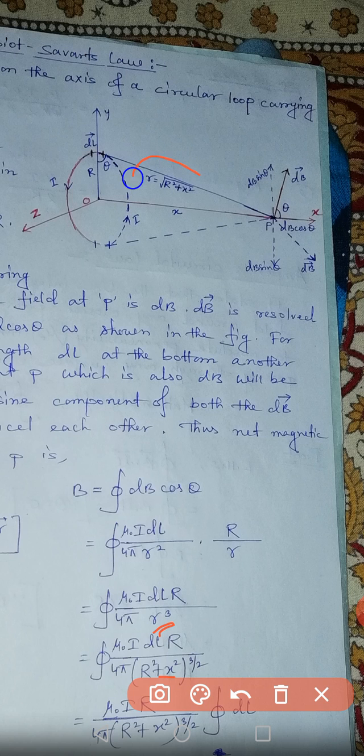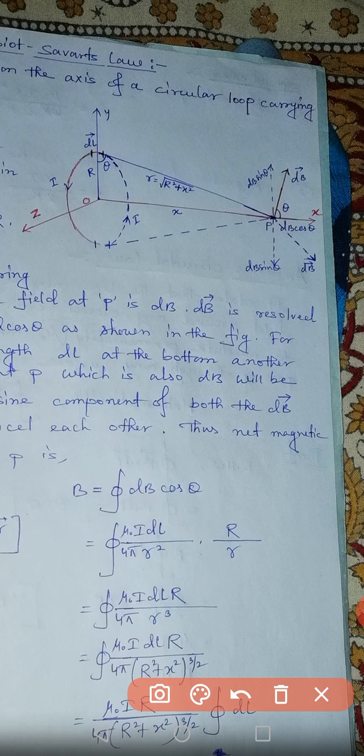Because r is this value, r is actually the square root of R square plus x square. If you don't write the square root, we can write the power as half. And along with that, again we have cube also. So what is the total power? Half into 3 means 3 by 2. So in place of r cube, we can write this value, R square plus x square to the power 3 by 2.